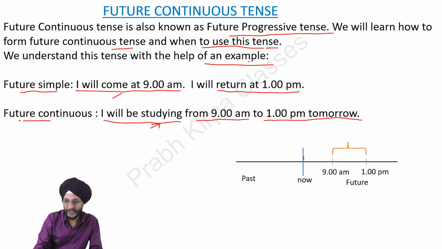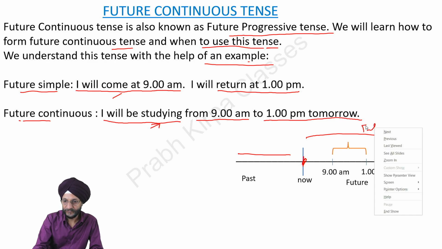Here you will see that this is the present. We are talking about this time. This is the past, what has happened in the past. If we talk about the future, this is the future.